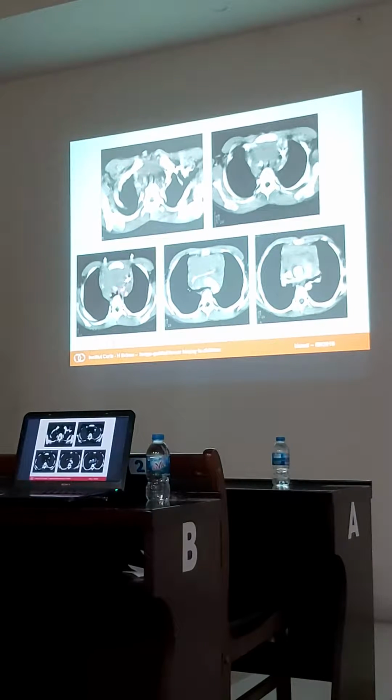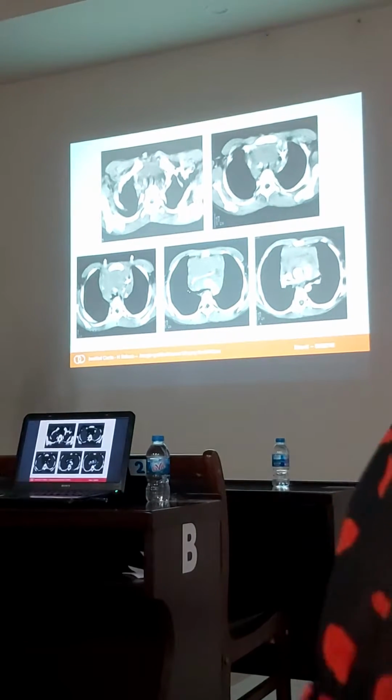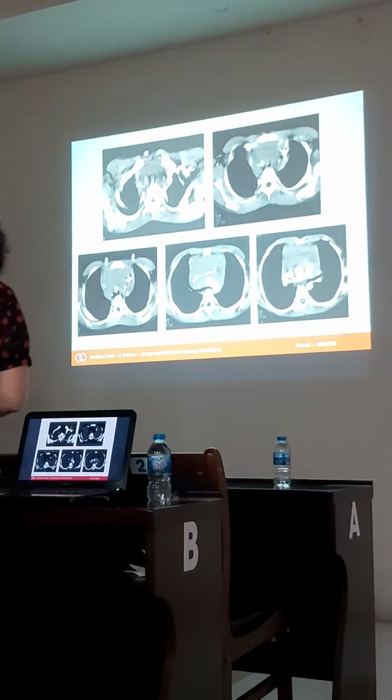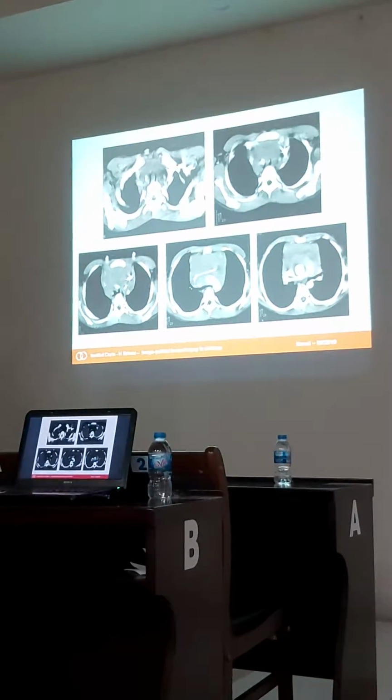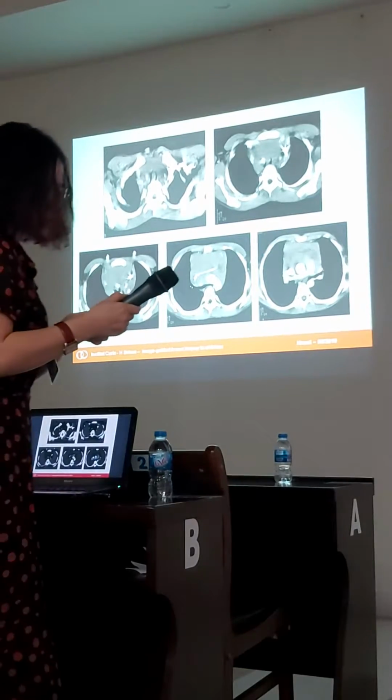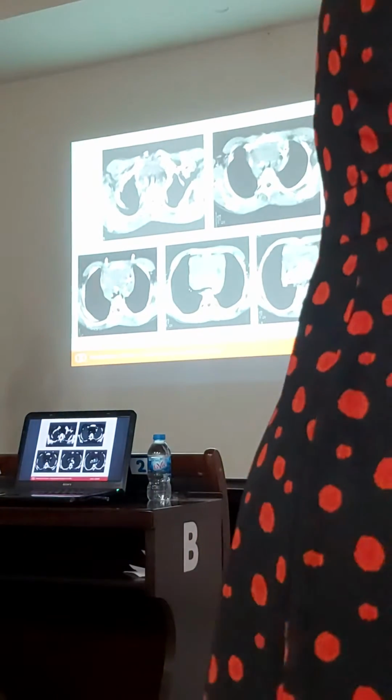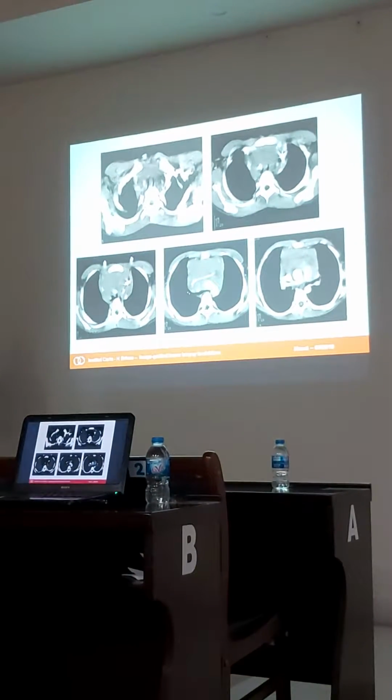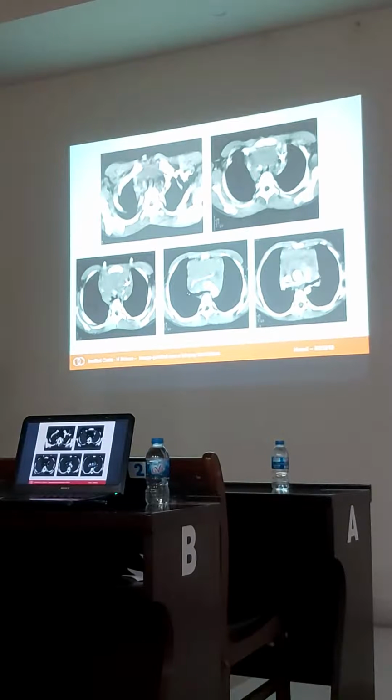It is compressed between the sternum and the spine, and you should not perform a biopsy in this situation. You first have to look at other locations of the disease, maybe lymph nodes, which are much easier to biopsy. If you do a biopsy, especially under general anesthesia, you can have a sudden death of this child.